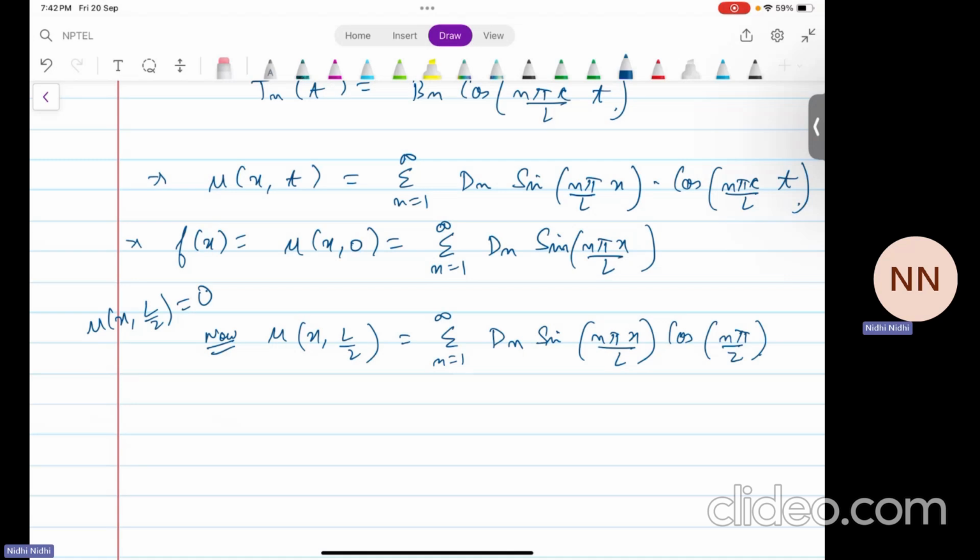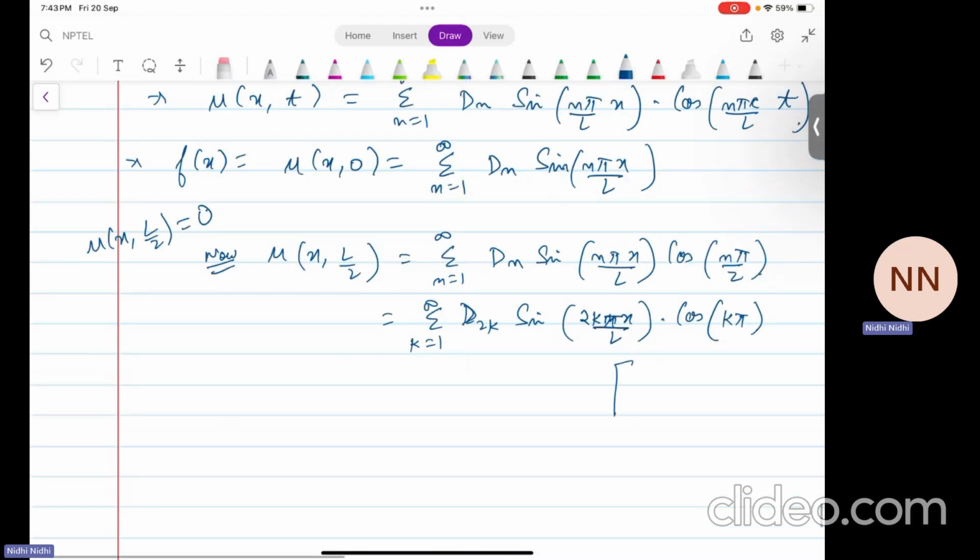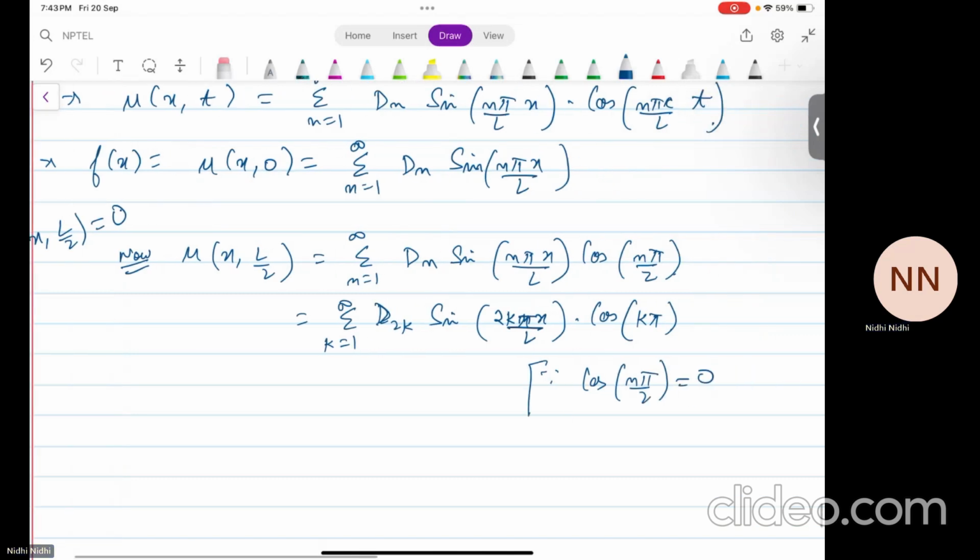So that means this should be summation k from 1 to infinity d_2k sine(2k pi x by L) cos(k pi), or we can replace that by (−1) to the power k, because cos(n pi by 2) is 0 for odd n.